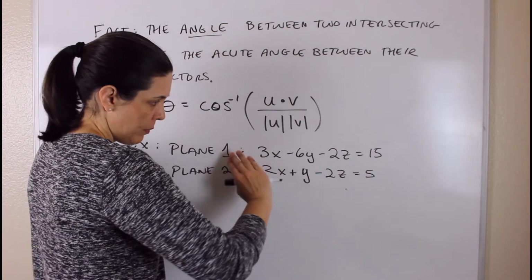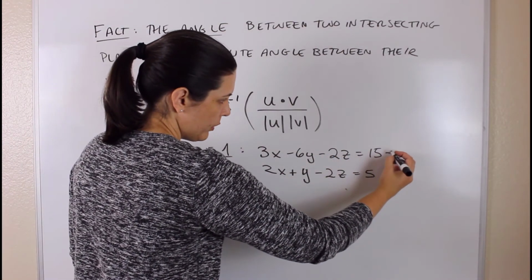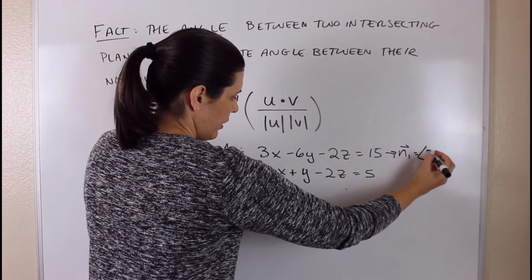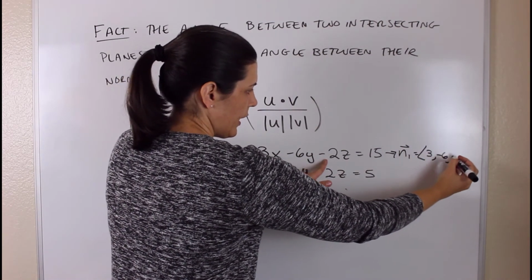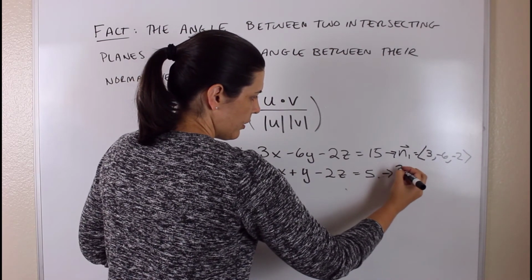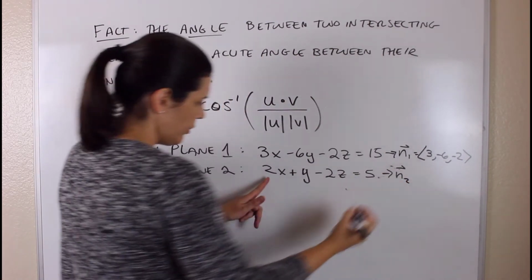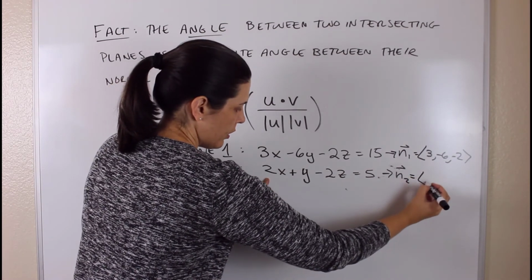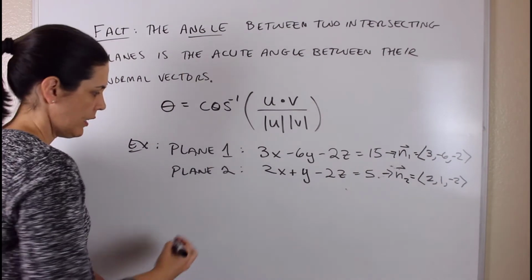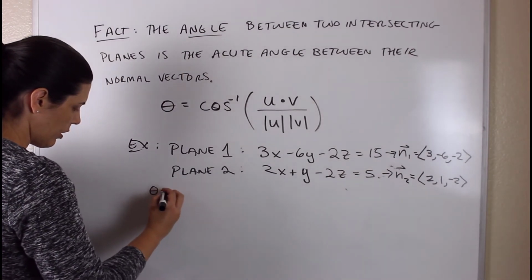From the equation of a plane, it's really straightforward. The normal vector for the first plane is 3, negative 6, negative 2. The normal vector for the second one is 2, 1, negative 2. Then let's go right into our equation for the angle.